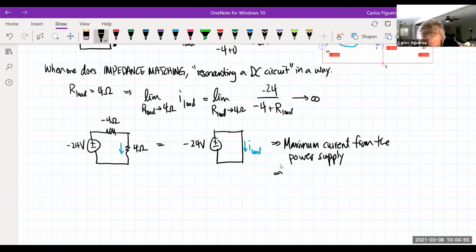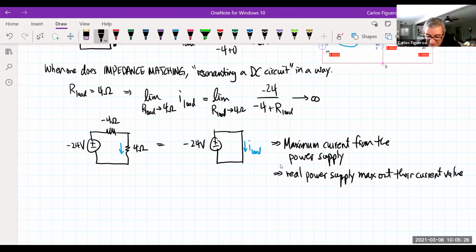So what typically happens is that real power supplies max out their current value. So when you're looking at this scenario here, let's go in and look at what happens in PSpice. So check this out. I'm going to go back into here.